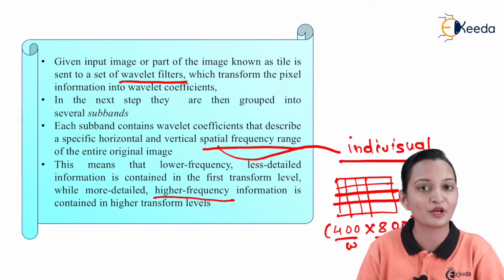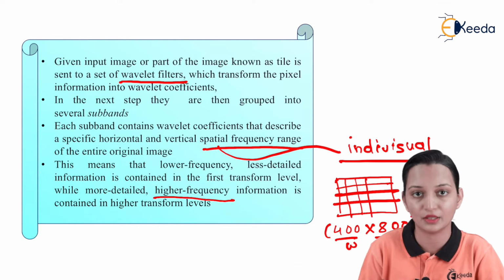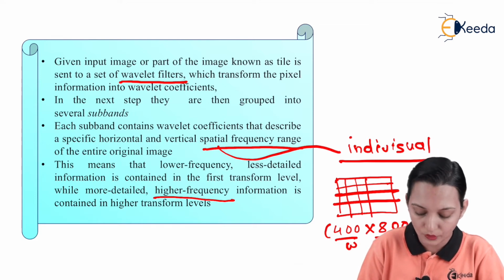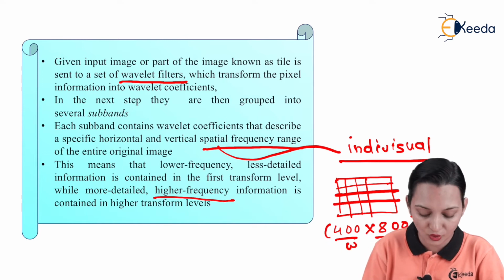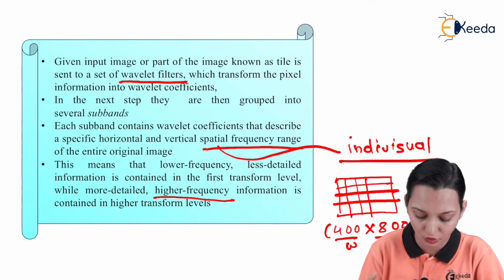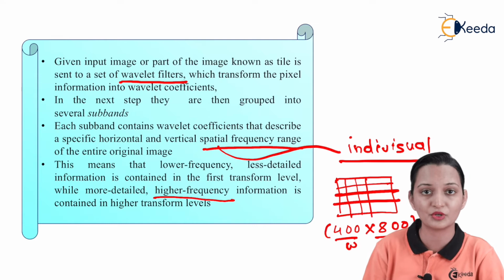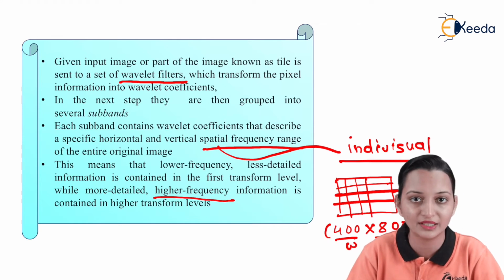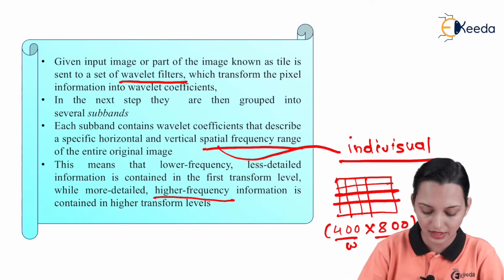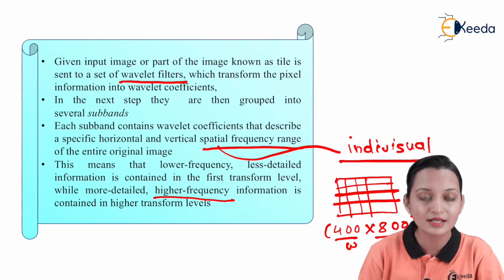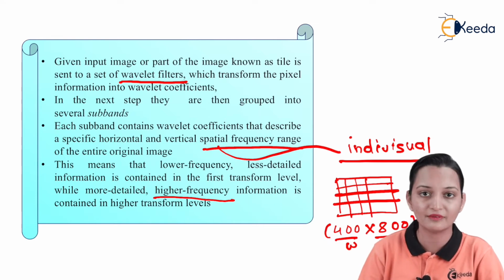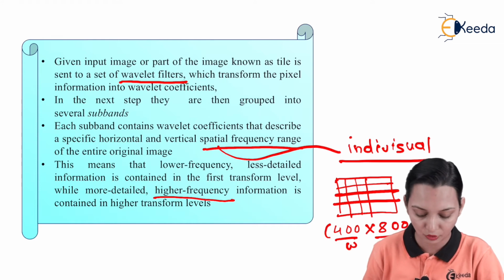Indirectly there will be a number of tiles present in the image, and we have to perform the wavelet transform on them. So there will be some lower coefficient, lower frequency, less detailed information content tiles, and some higher frequency, high information content tiles. We have to insert them into the first and the second transform level, known as the lower transform level and higher transform level.